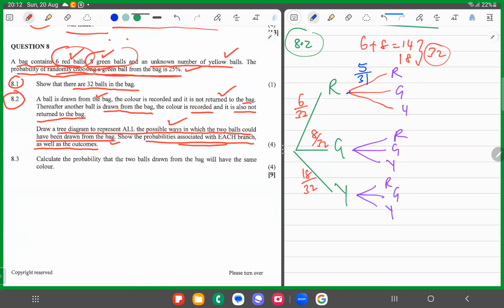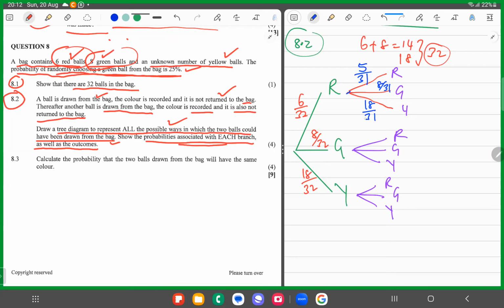And with the green, you have 8 out of 31. And the yellow, you'd have 18 out of 31.